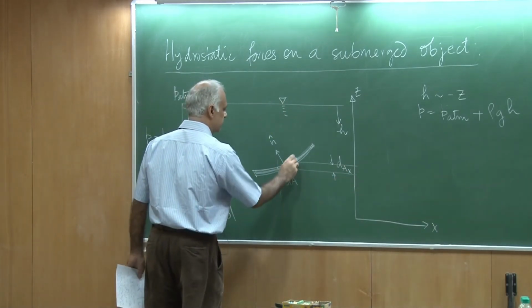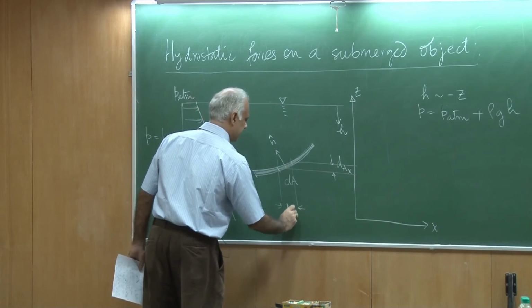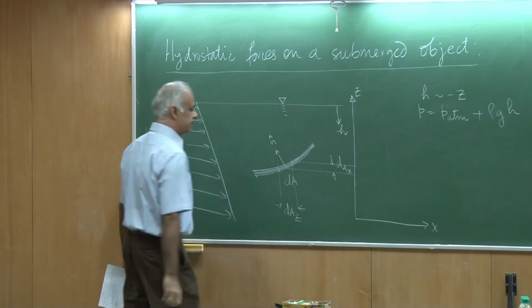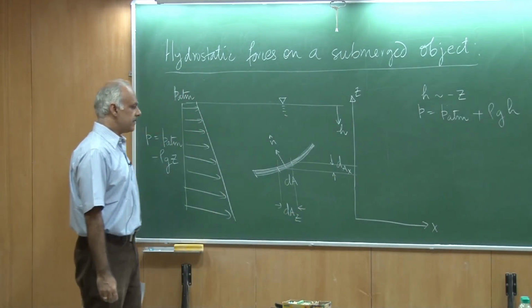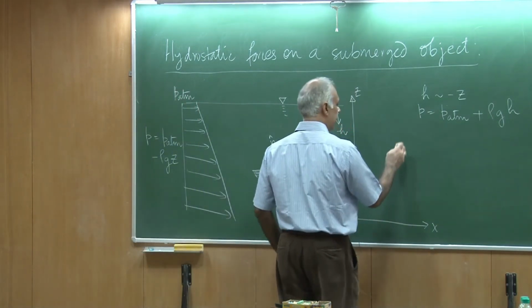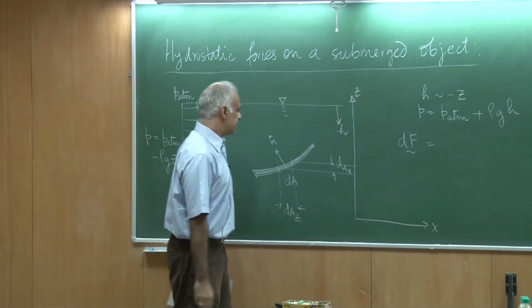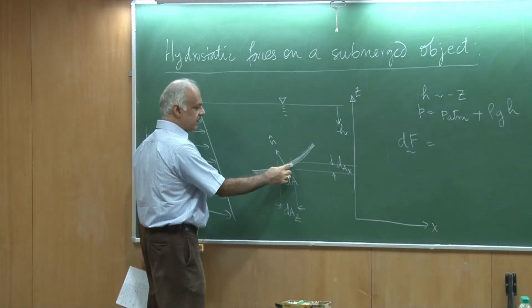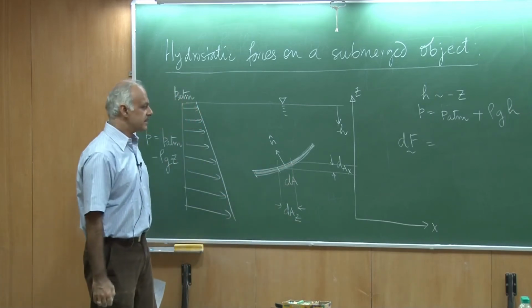Similarly, this projection I am going to call dAz. Okay. And now I could talk about the dF, which is the force acting on this little element here because of the fluid static pressure.